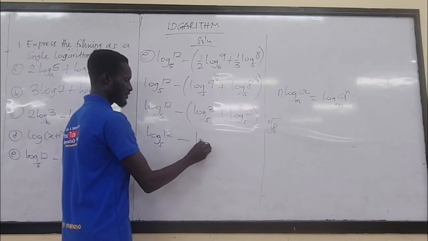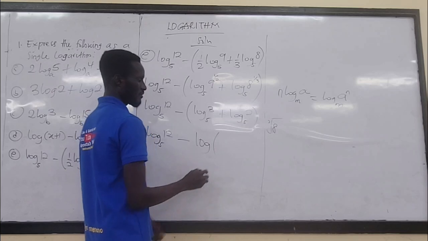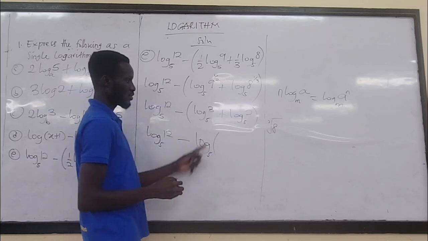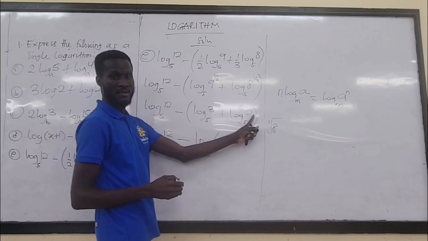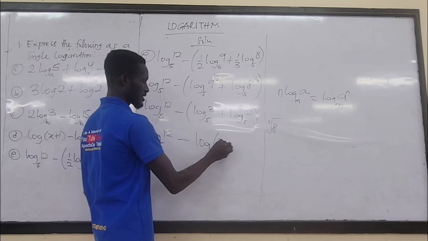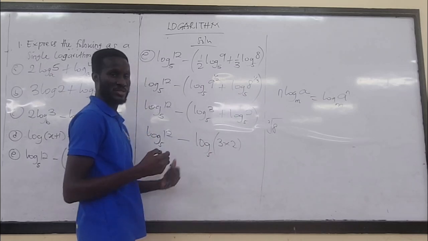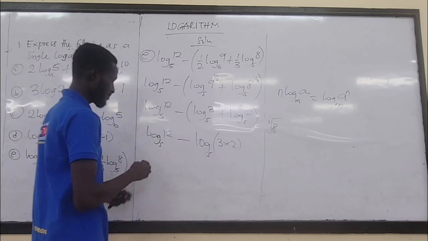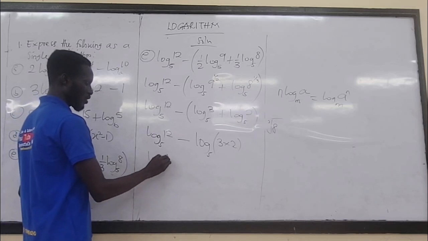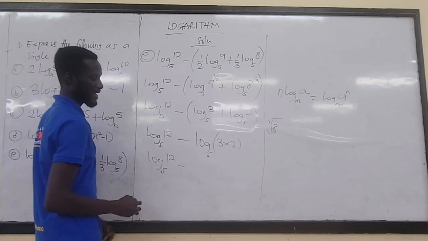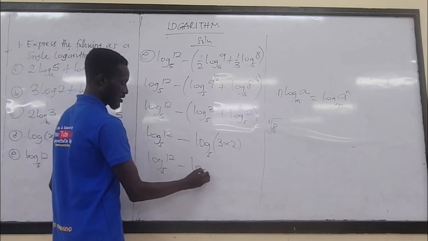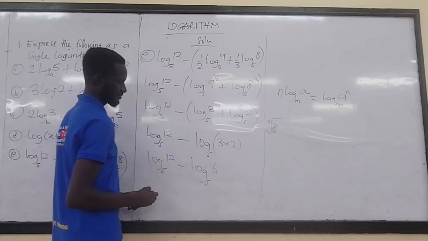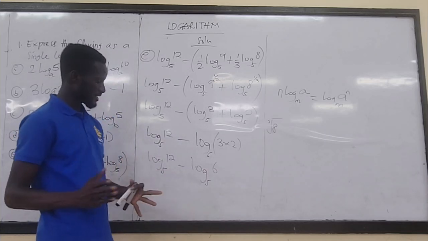I have to take the log base 5 of 3 times 2, because addition means multiplication. You can do it straight away. So we have log 12 base 5 minus log 6 base 5. You see how simple it is?